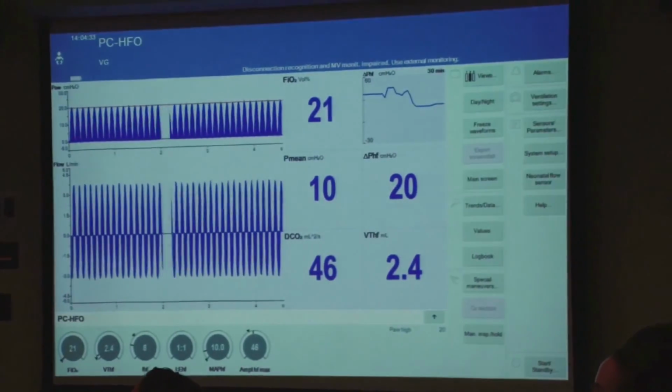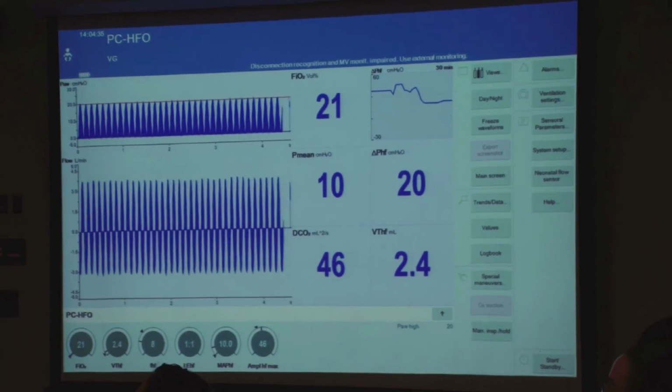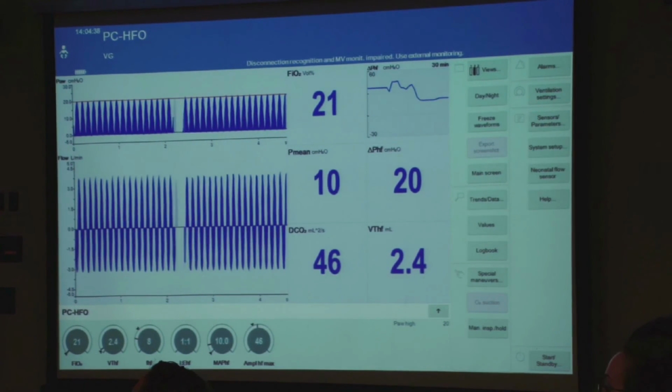And let me see, I think the new version of the software actually lets you, no, this doesn't, it's blocked.